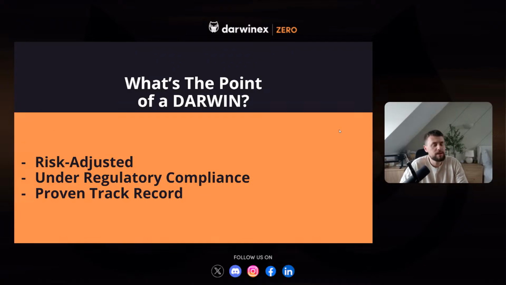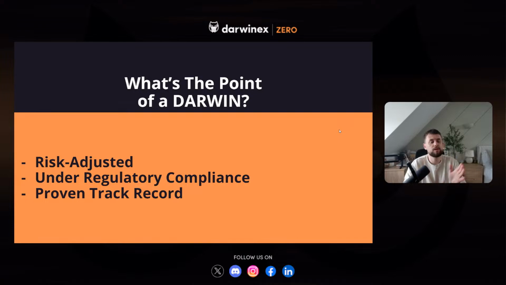The point of having a Darwin is that your Darwin is a risk-adjusted version of your strategy, so you understand on a much deeper level the exposure and the risk that you operate with as a trader. You also operate under Darwinex's regulatory compliance.